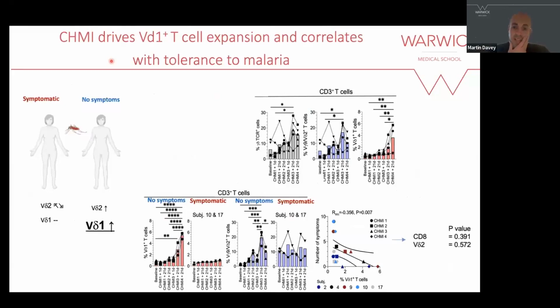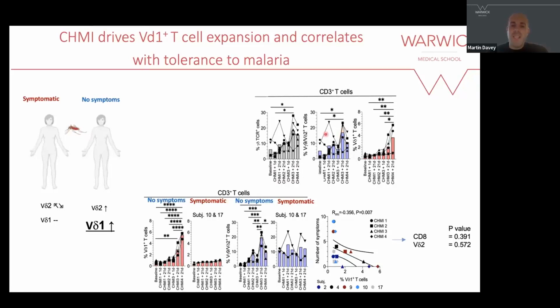And so one of the things we then did was use flow cytometry to look at the gamma delta compartments, and we found that gamma deltas increased rapidly over time and over the different infections. Essentially, gamma delta numbers went from less than 5% at baseline to nearly 20% by about CHMI3, which is quite remarkable.